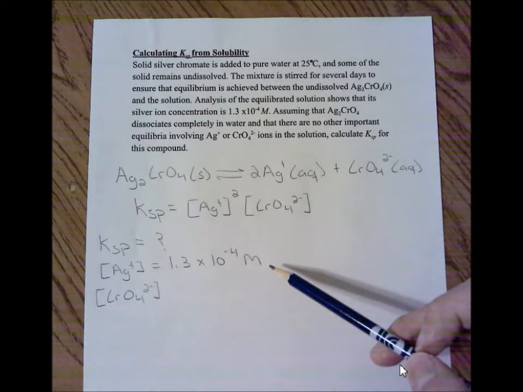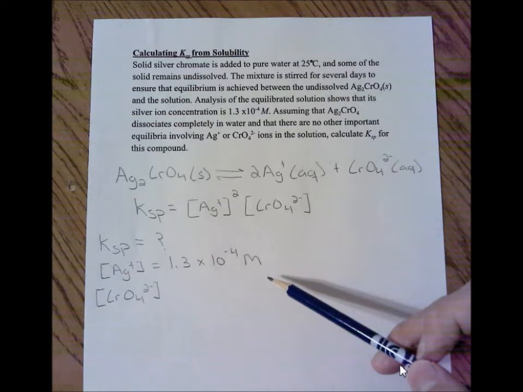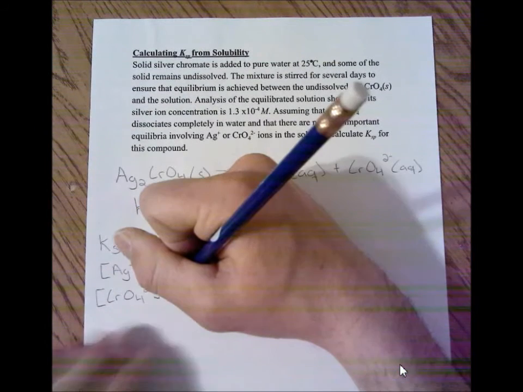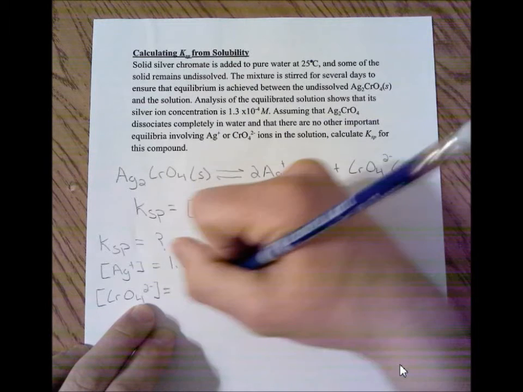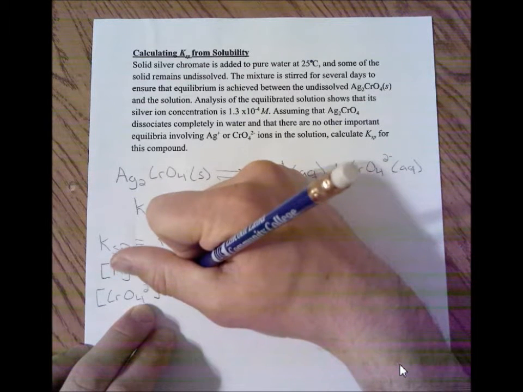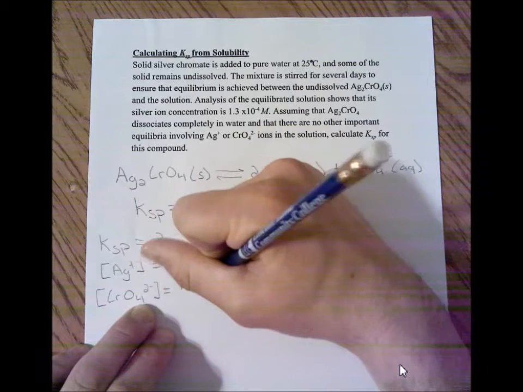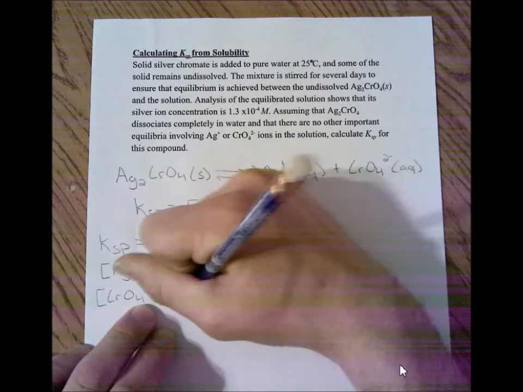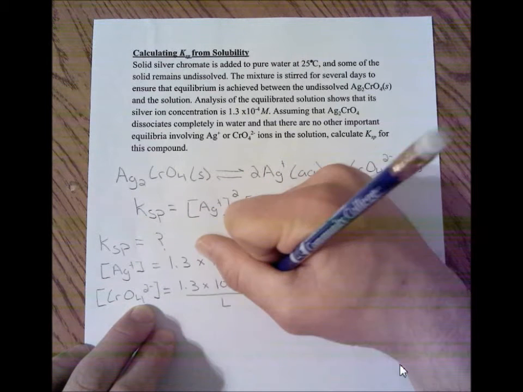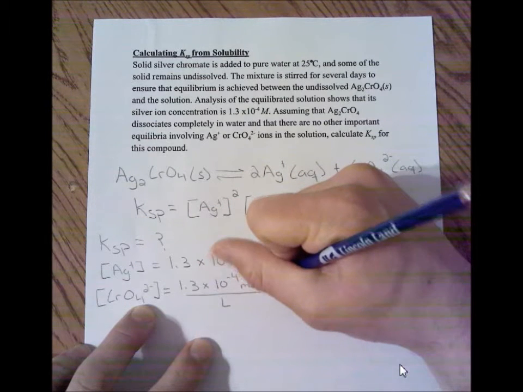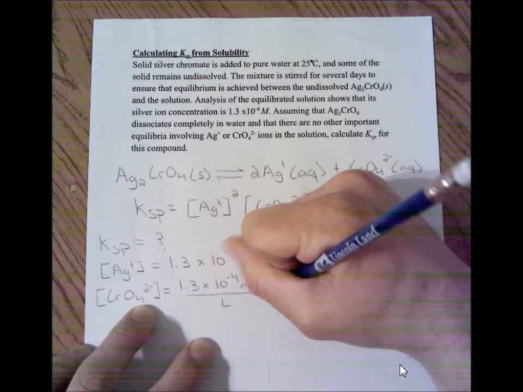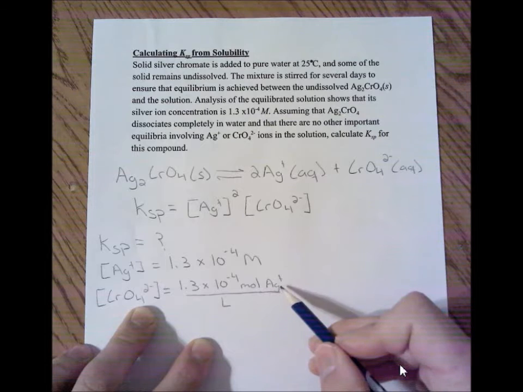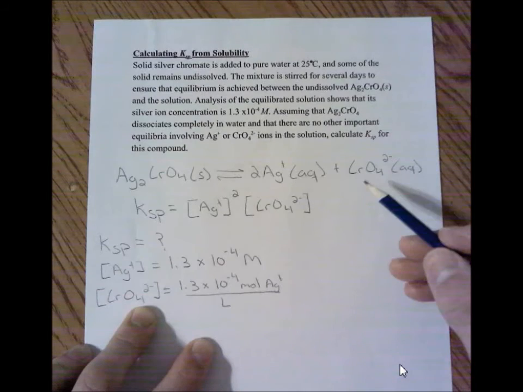I don't have the concentration of chromate given, but I have 1.3 times 10 to the negative fourth moles per liter of Ag+ ions. Now we can use stoichiometry here to get rid of moles of Ag+ and end up with moles of this chromate ion. So what I end up doing here is a little stoichiometry.